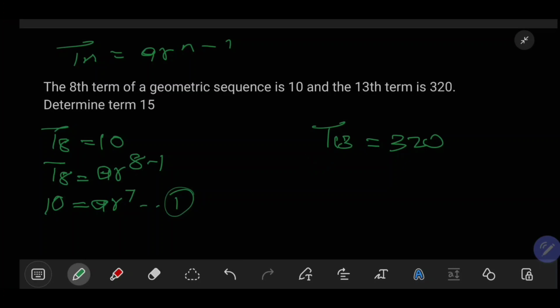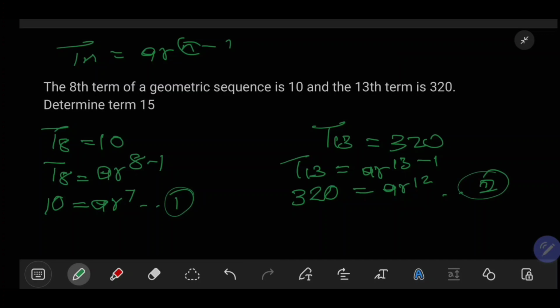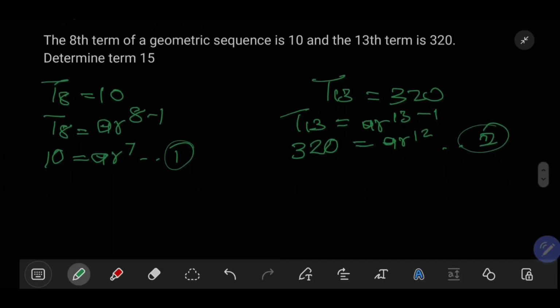For term number 13, we substitute 13 here, ar^(13-1), and the value of term 13 is 320, which equals ar^12. This is our equation 2. Then we can make a the subject of the formula and solve for the rest.